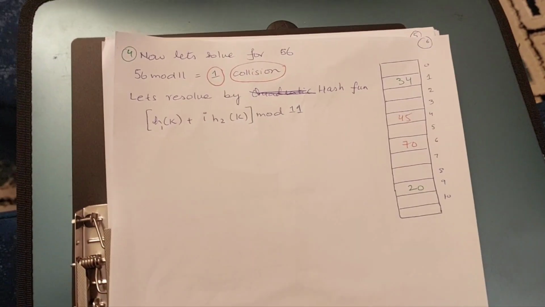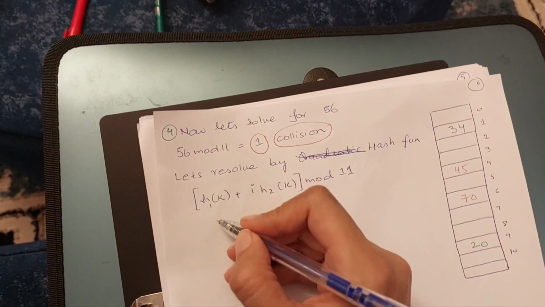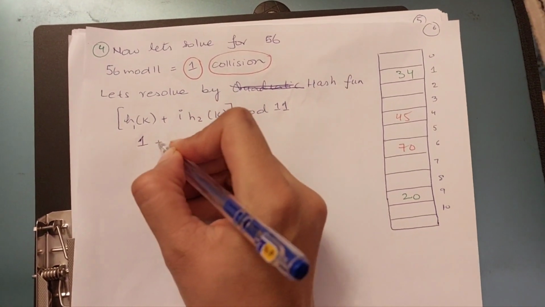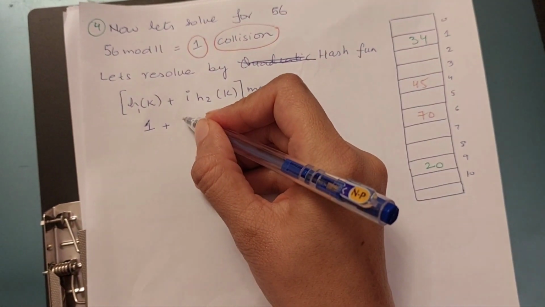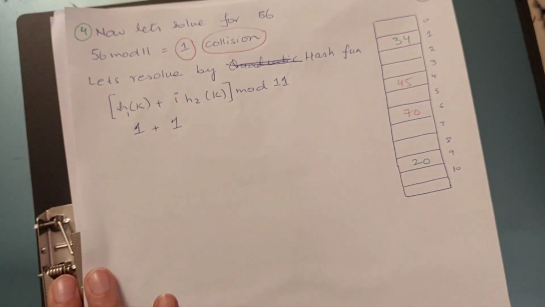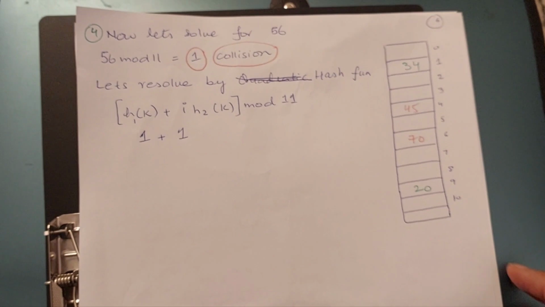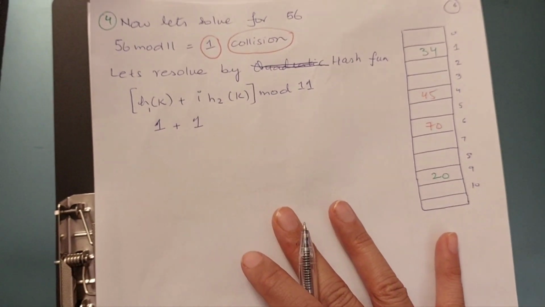In the double hash function, I already know the answer of my first hash function, which was just calculated as 1, and in the place of i I'm going to write 1 because this is my first iteration. For the second hash function, I have to calculate the answer.